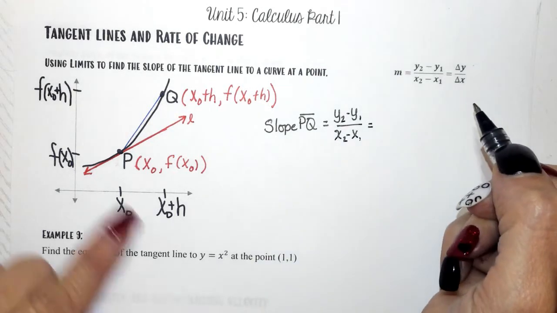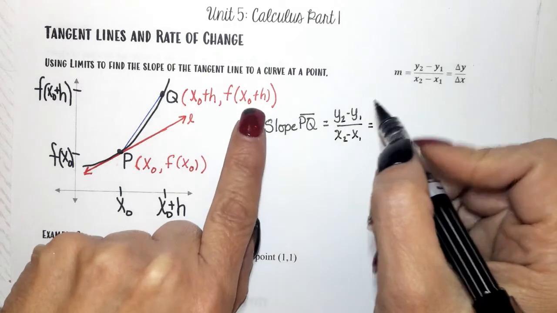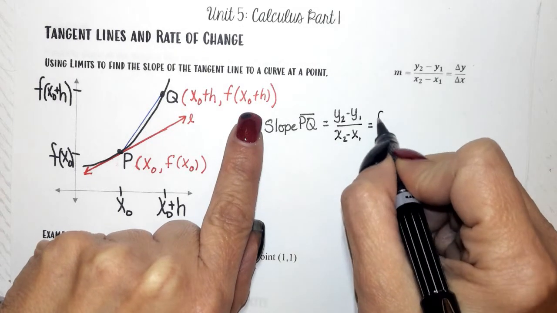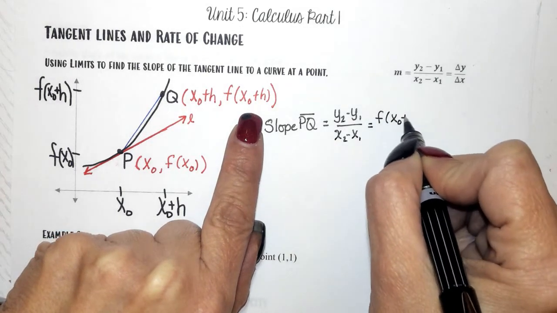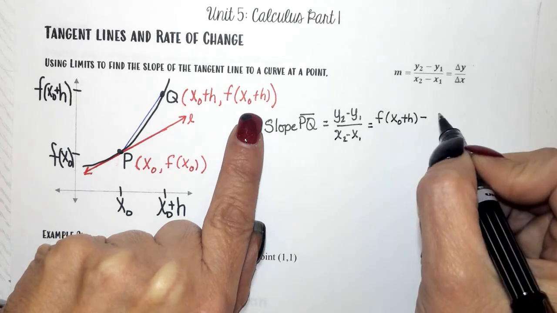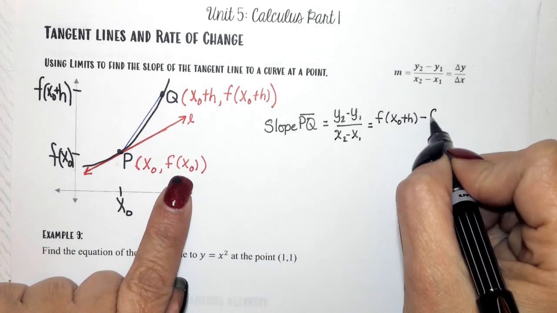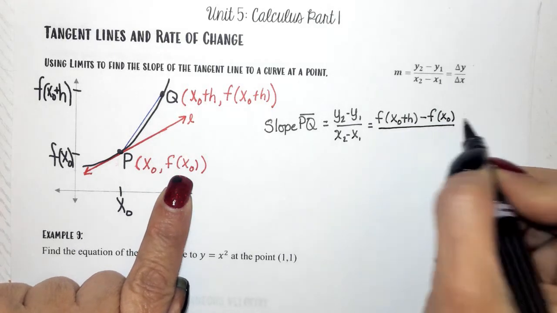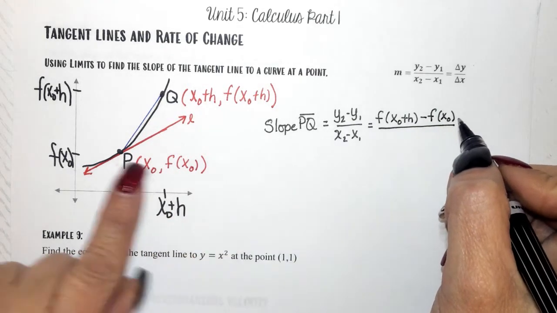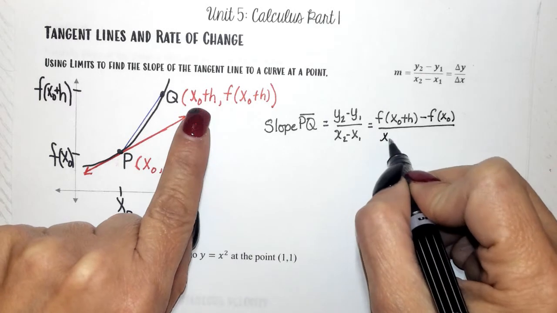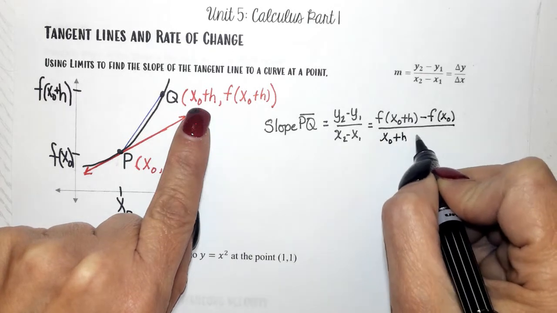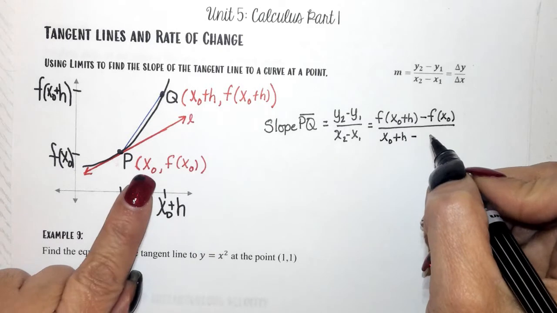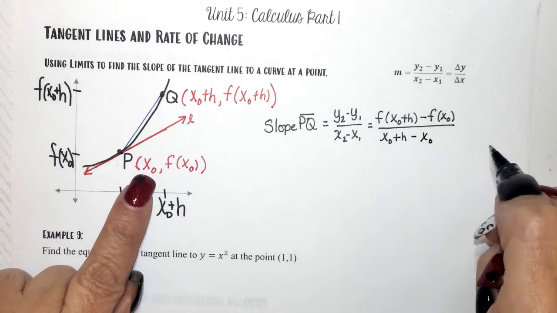All right, let's plug this in. y2, so f of x naught plus h, minus f of x naught, over x2, which is x naught plus h, minus x1, which is x naught.